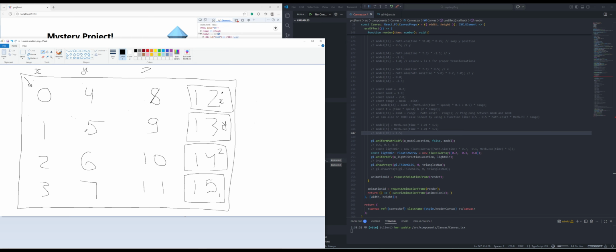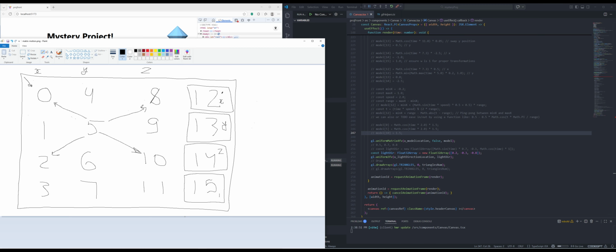For the rotation around Y axis, it's a little bit different picture. We want to use a crisscross: 8 cell, 2 cell, 0 cell, and 10 cell.